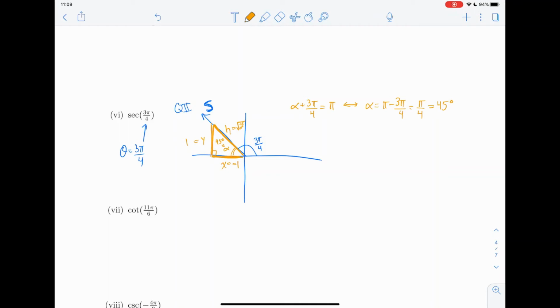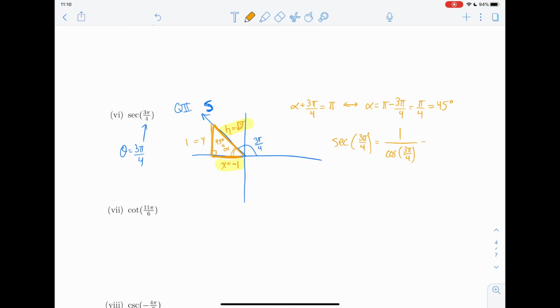Now, what you might recall is that secant of 3 pi over 4 is the same thing as 1 over cosine of 3 pi over 4. And so where cosine might have been adjacent over hypotenuse, the secant is then going to be the reciprocal of that, and so that's going to be hypotenuse over adjacent.